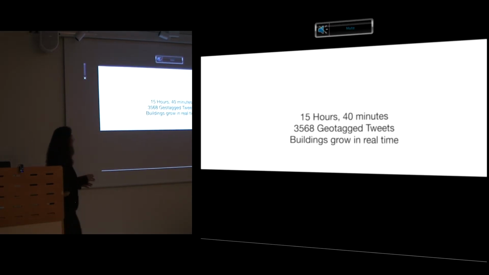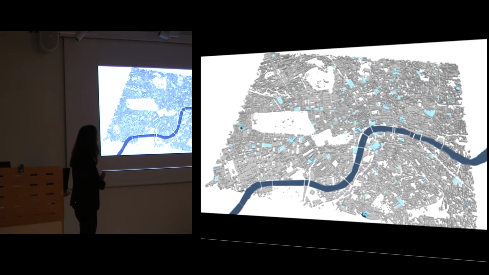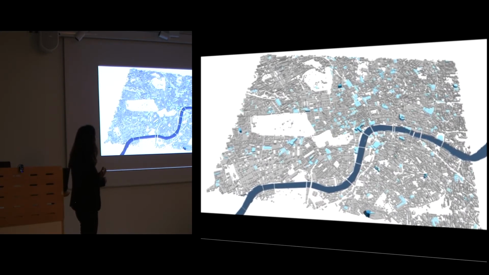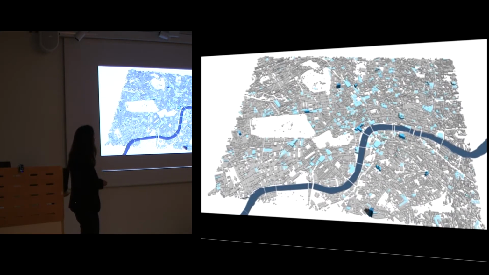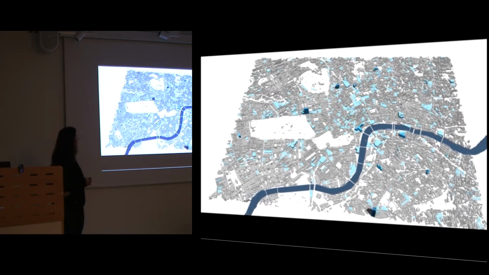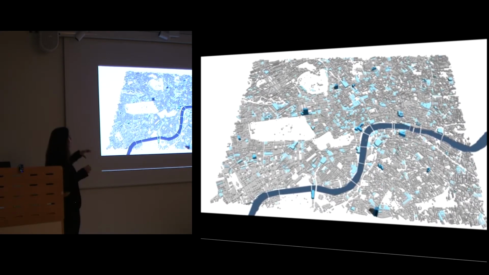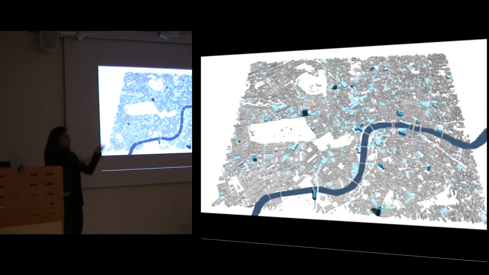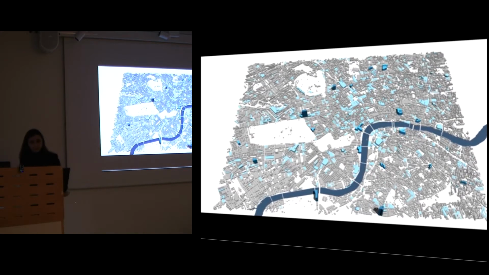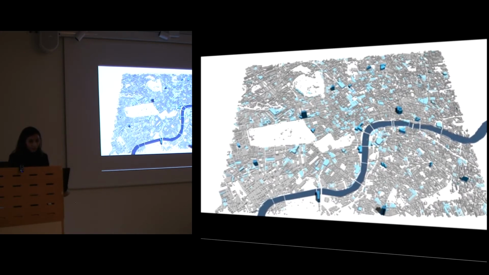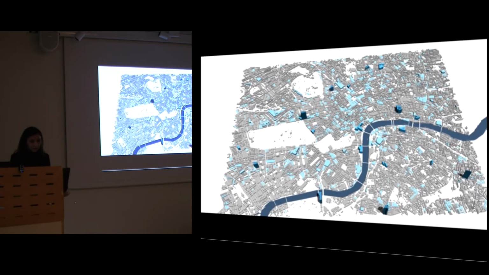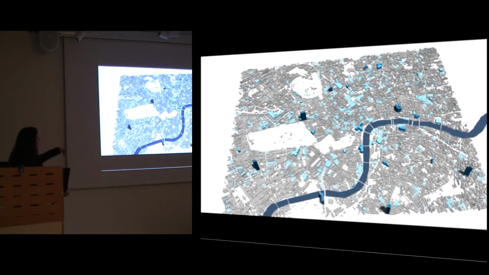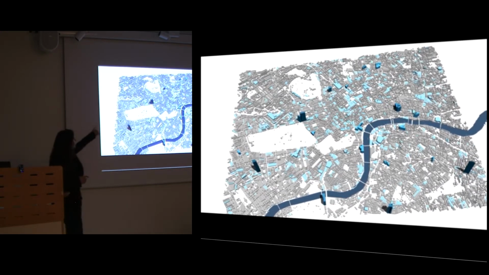There we go. So this is what we did with my colleague with CityEngine. We tried to develop a tweet miner and tag tweets on buildings and grow the city by the number of tweets. And you can actually see that lots of the stations pop out.